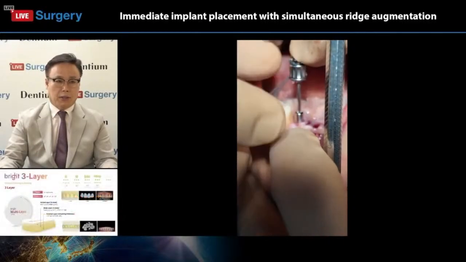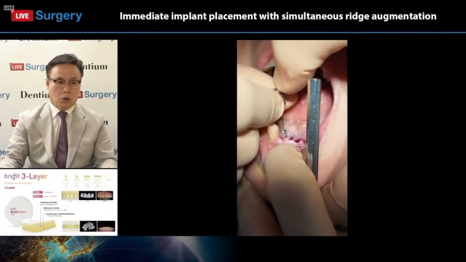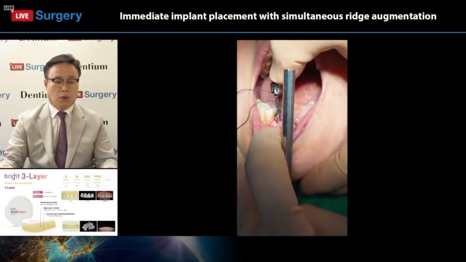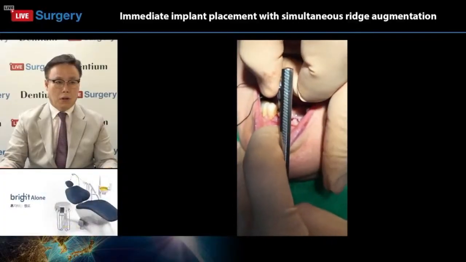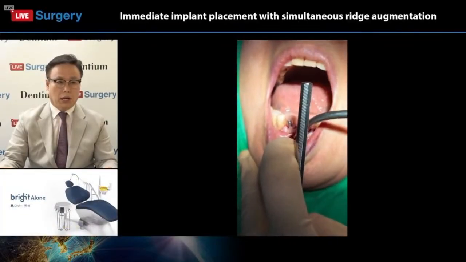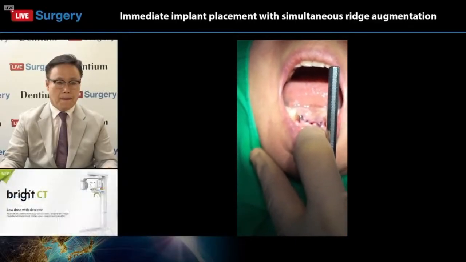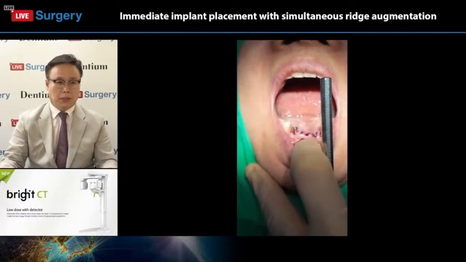Once we release the high torque of the implant and the high pressure on the bone, we got pretty good initial stability and connected the healing abutment.